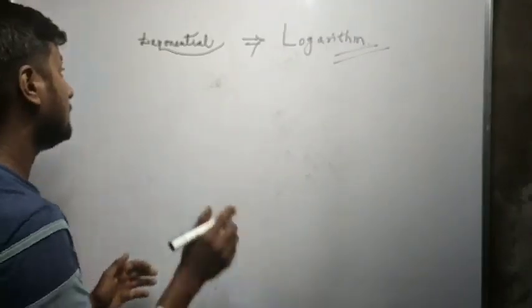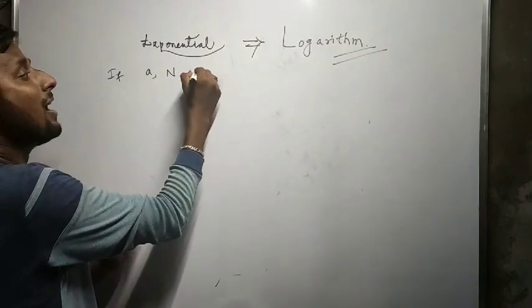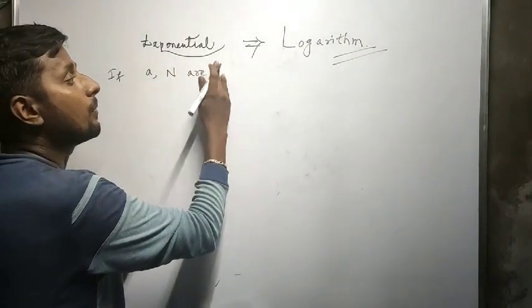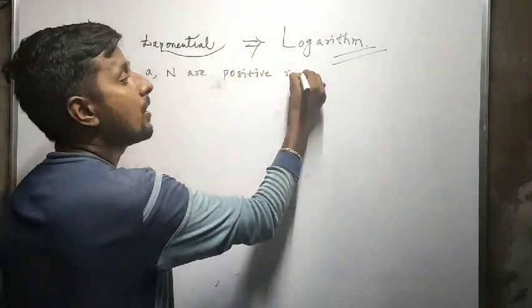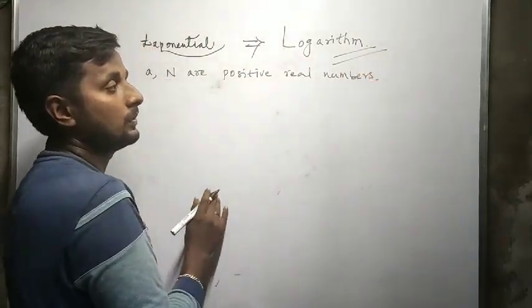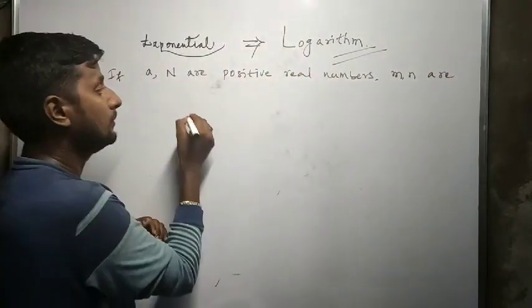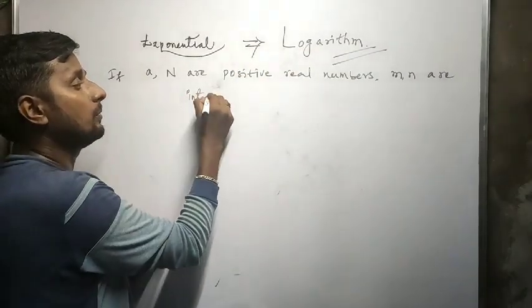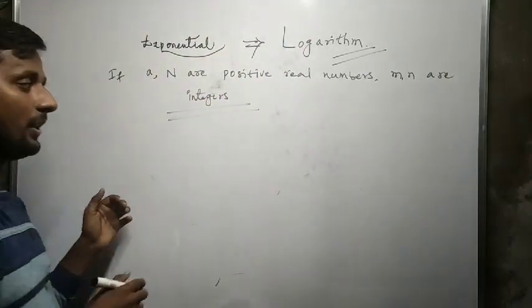Listen, pay attention. If a and n are positive real numbers and x is an integer. Okay, so that's the condition.